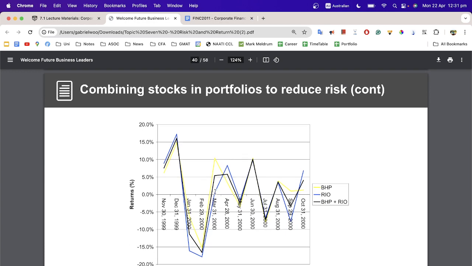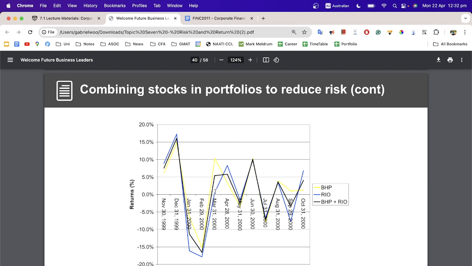However, not all additional stocks would reduce risk and diversification. This is what we call systematic risk that you can't diversify away. Here we have two rather highly correlated securities, BHP and Rio Tinto. Both are mining companies with a huge chunk of their revenue coming from iron ore. So if their revenue is primarily derived from iron ore, that means their earnings will be primarily derived from the price of iron ore.